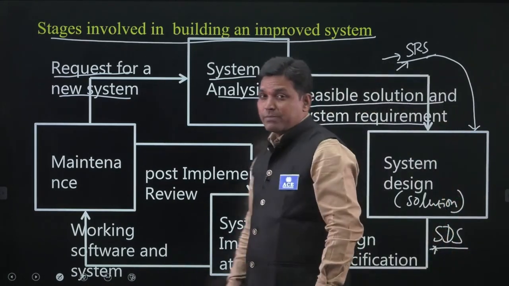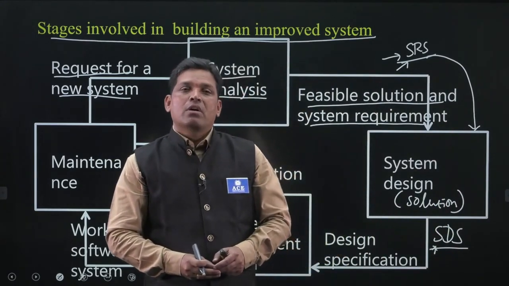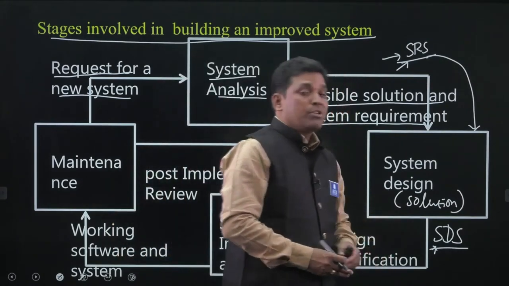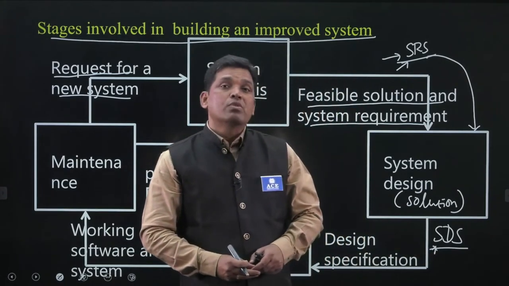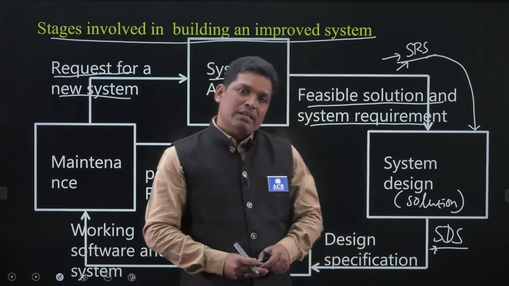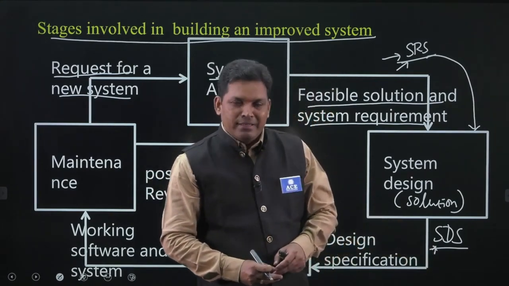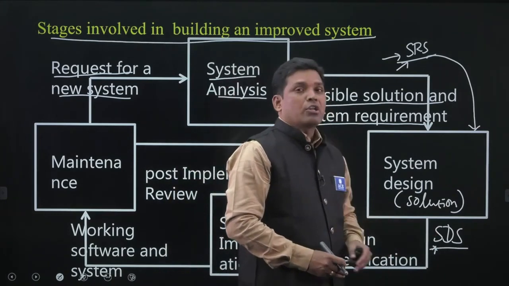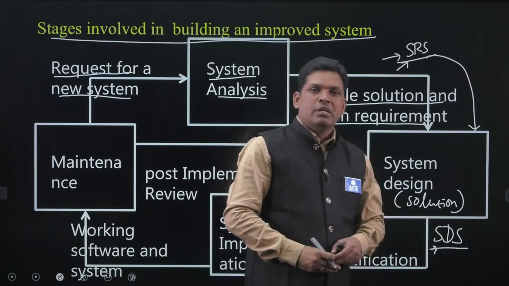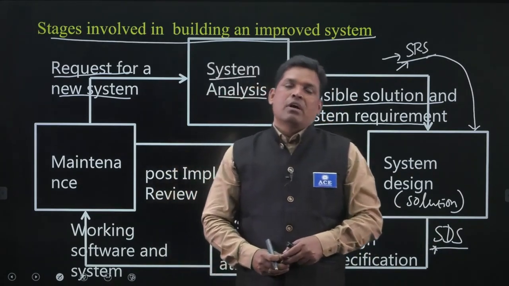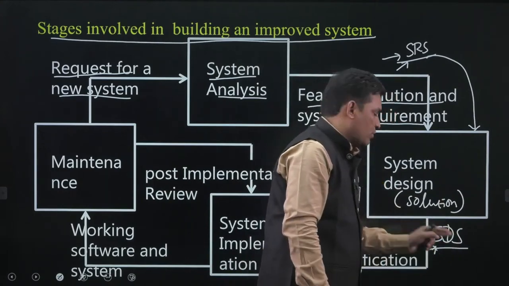What does this system design specification document consist of? This document consists of input output screens, pseudocode or algorithm, DFDs or UML, Unified Modeling Language, and backend databases, various databases, that is Oracle, MySQL, Sybase or MongoDB. So that is what the SDS document consists of.